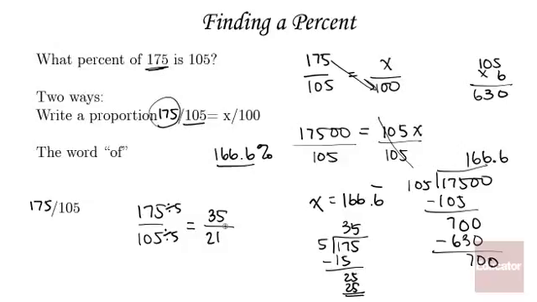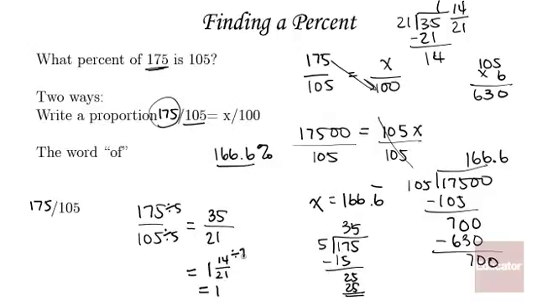And if we were to simplify this as a fraction, 35 and 21 goes in once, leaving me with 14. 14 over 21, and that is simplified by dividing by 7, 2/3.